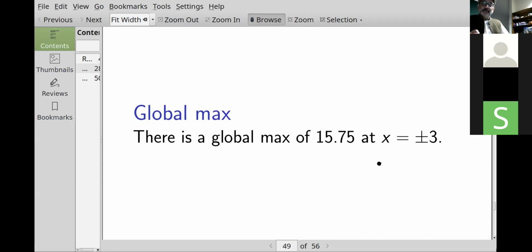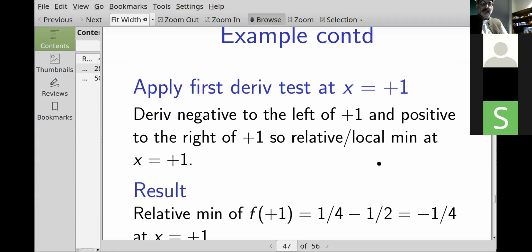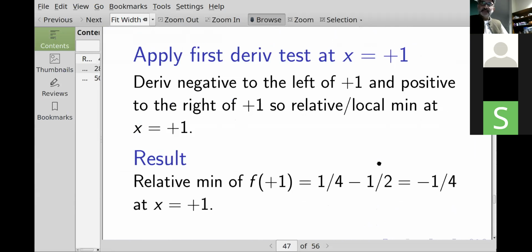When we look at the local minima, we had a local minimum of -1/4 at +1, and we had a local minimum of -1/4 at -1. And then we tested the endpoints and we didn't get anything that was smaller than that. So in this case, the local minima are also the global minima of the function.